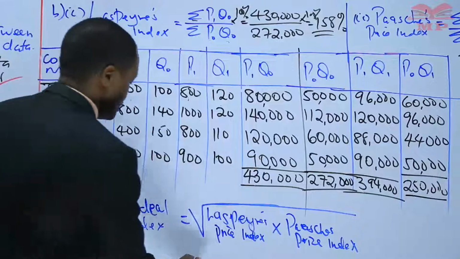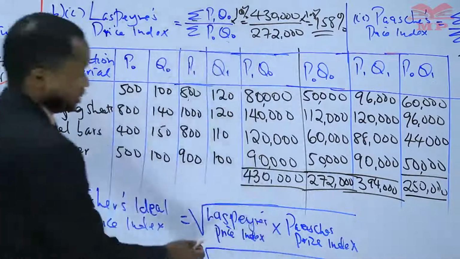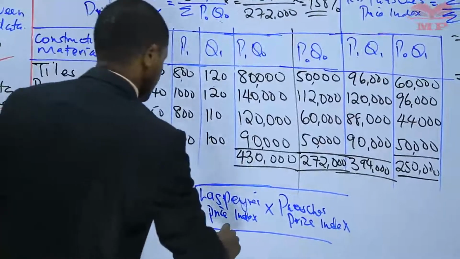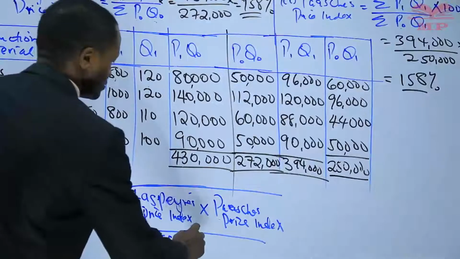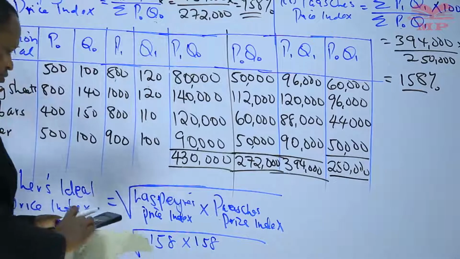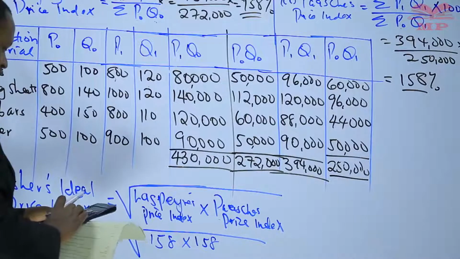We have the two: last year's price index 158 and purchase price index 158. So candidates, 158 times 158.